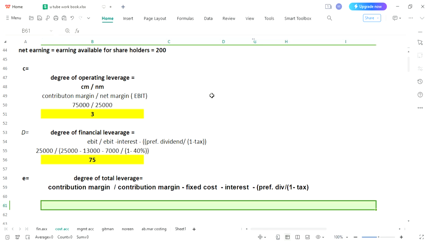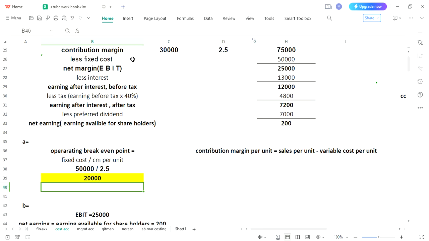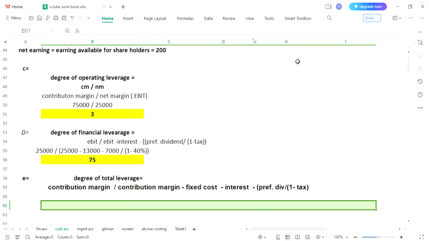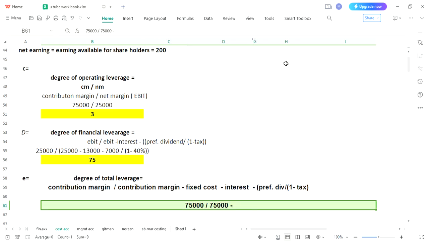I have highlighted it. Contribution margin, let's go back to the question. We have contribution margin, that is 75,000. Put 75,000 first. Then we need to divide by, again, contribution margin, that is 75,000. Then we need to subtract fixed cost. Our fixed cost is mentioned over here, 50,000.